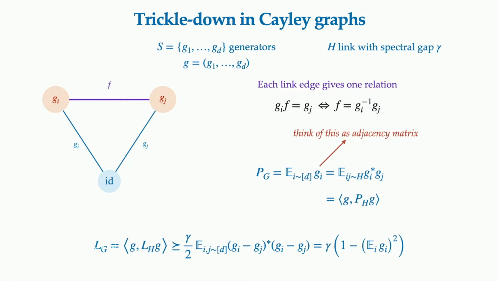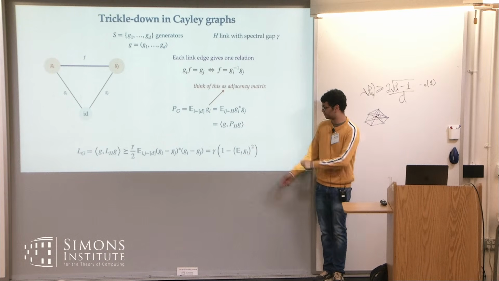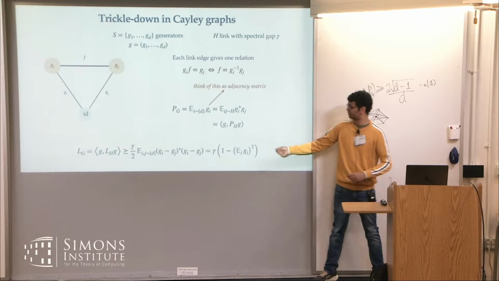Now I take a random pair of vertices, i and j, and I look at g_i minus g_j adjoint times g_i minus g_j. But if you rearrange this expression, again, an algebraic manipulation that I haven't fully spelled out, you actually get that this right-hand side is gamma times 1 minus the random walk matrix squared.